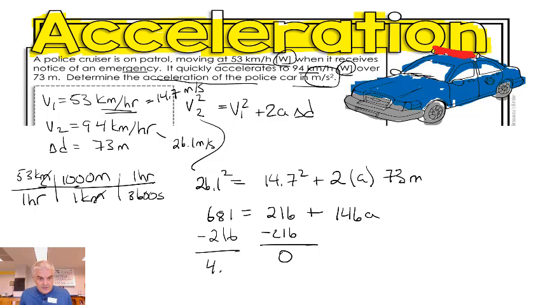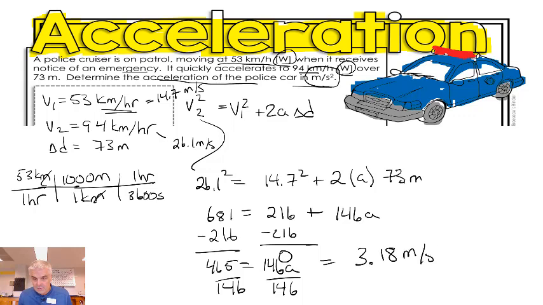So that's 465 is equal to 146A. Divide both sides by 146. And we get 465 divided by 146, like 3 or something. That's going to be 3.18 meters per second squared.